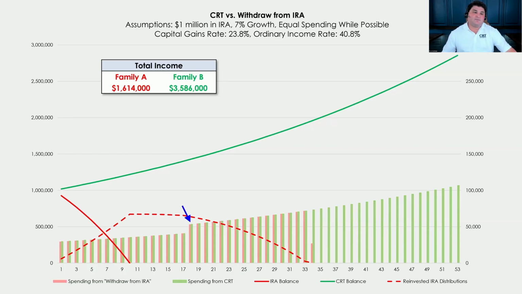What we see here is when we finally get through that ordinary income tier and we can start to distribute capital gain, that little jump is because we're looking at the after-tax value, and that's going to jump because we're paying a lower effective tax rate once we're able to distribute from the CRT at the capital gains rate.